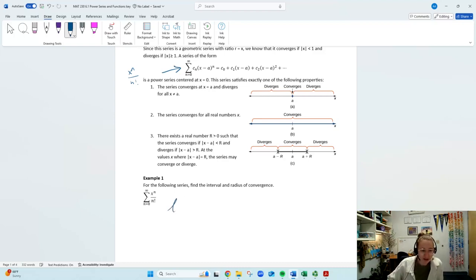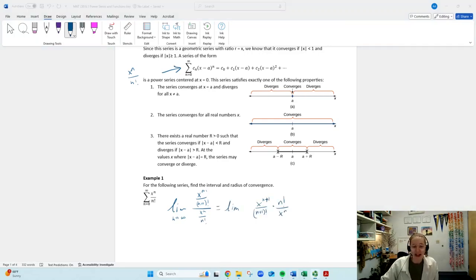So if I take a look at my ratio test, I'll have x to the n plus 1 over n plus 1 factorial, all over just my term itself. Then I'm going to multiply by the reciprocal on the denominator, and I'm going to peel those apart, just like when we were doing our ratio test.